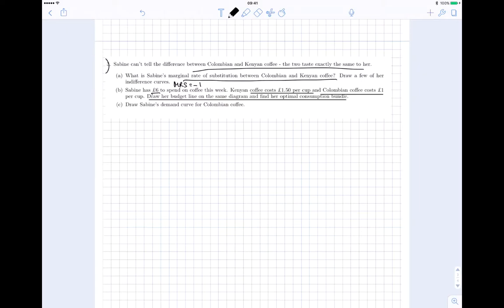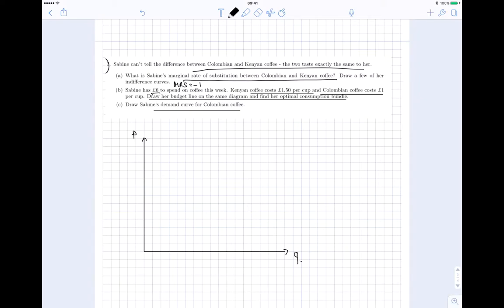Okay. Now, Sam, when it says draw Sabine's demand curve for Colombian coffee, what do you think you will have on the y-axis and what will you have on the x-axis? Price on the y, quantity on the x. Excellent.